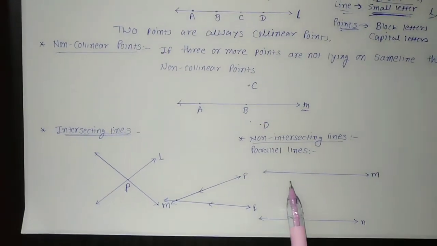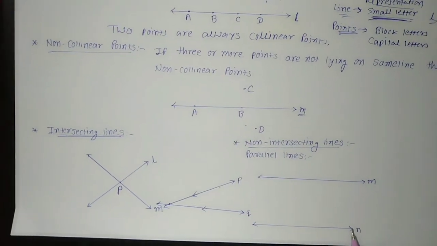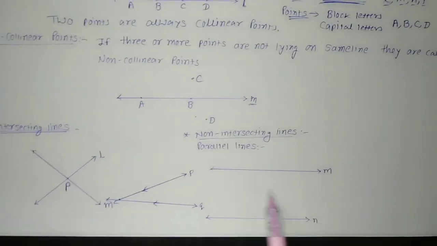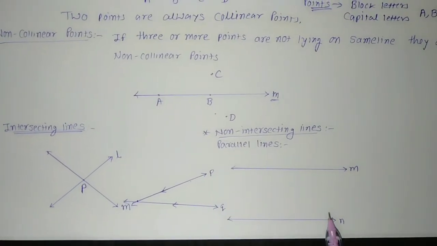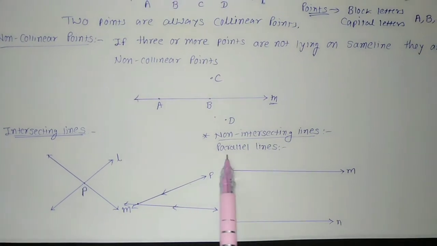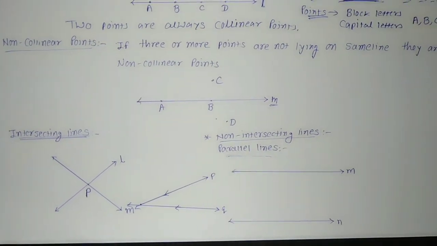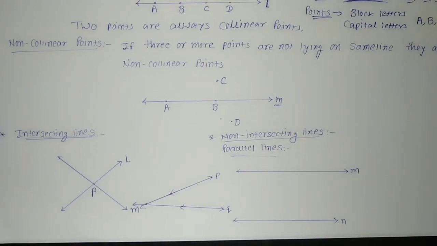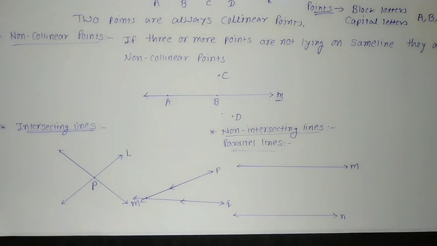So the lines which are parallel to each other, like a railway track, I have said that both the lines are parallel to each other, meaning they have equal distance at any specific point. Then those lines are called parallel lines, or they are considered non-intersecting lines. So we have seen intersecting lines and non-intersecting lines.